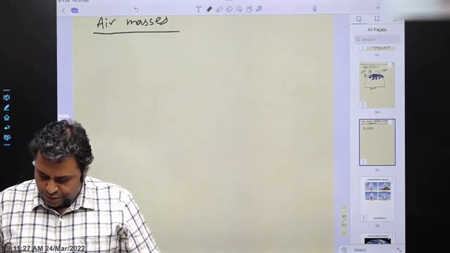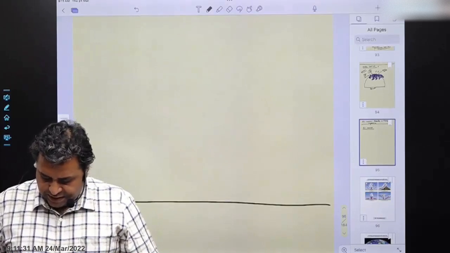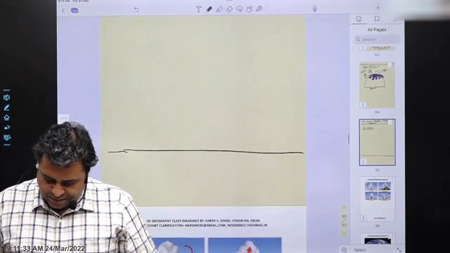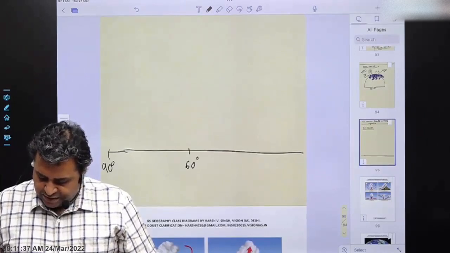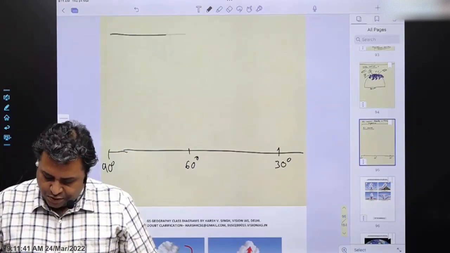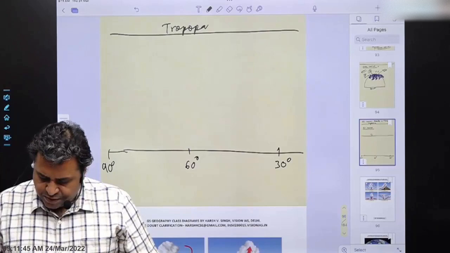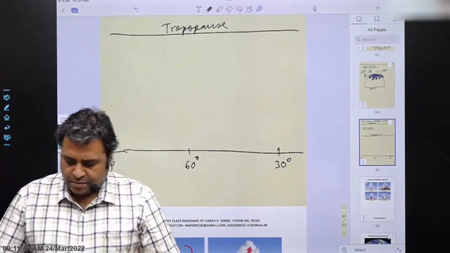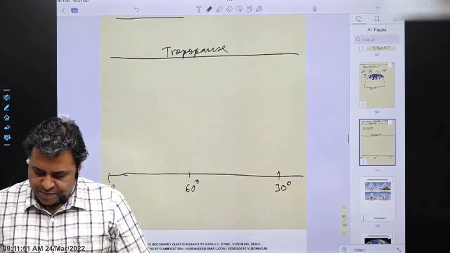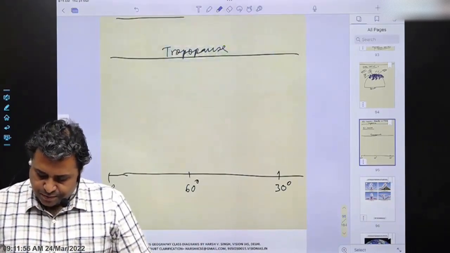So just to give you a sense, let us say I take a region something like this, and let us say this is 90 degree and this is 60 degree and this is 30 degree. Okay, and this is the tropopause. And all of you, if you want, you can draw this, ताकि you get a slightly further sense of the concept of air mass.